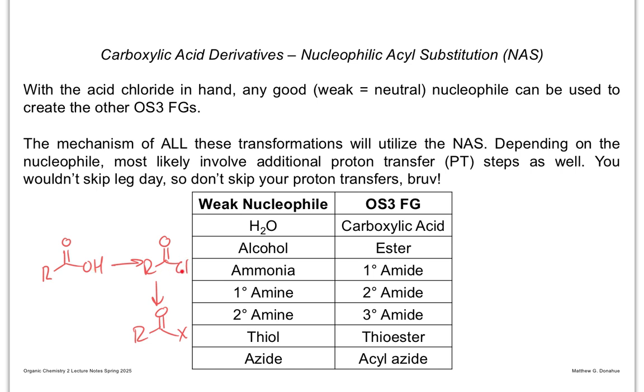We'll transform it into an acid chloride, and from that, then we'll substitute any other nucleophile X to make our other oxidation state 3 functional groups. We'll do some mechanisms today. There's a really long one. I'm not going to show the whole thing. I'll let you struggle through the rest of it, but I'll get you started on it. That will help you think and practice through proton transfers and whatnot.